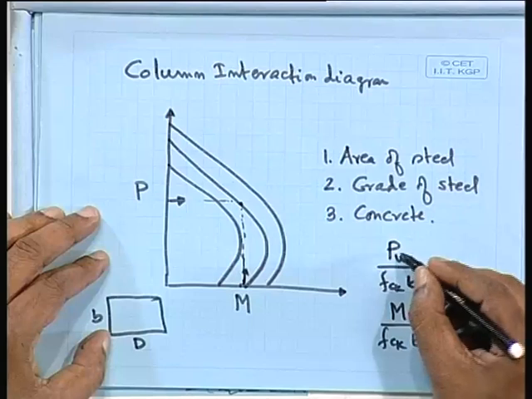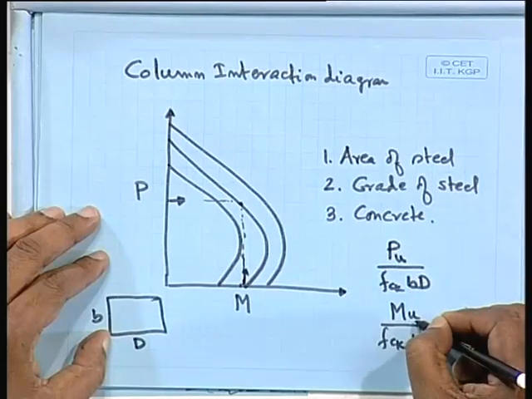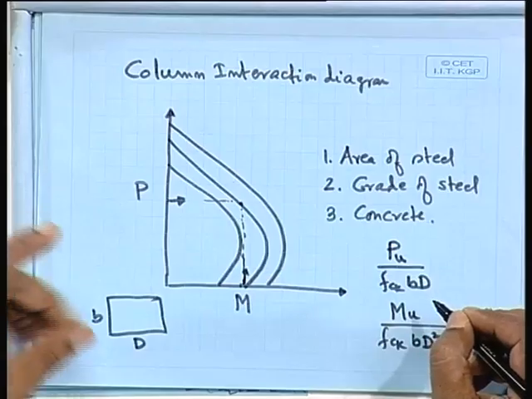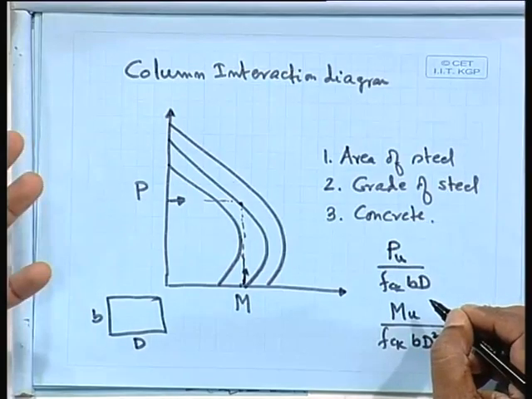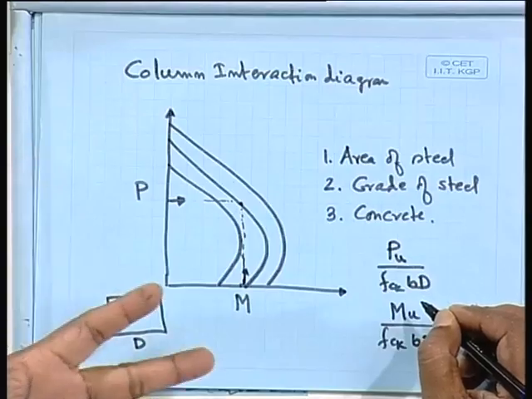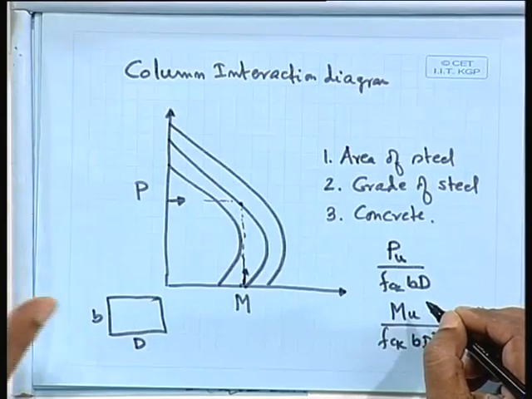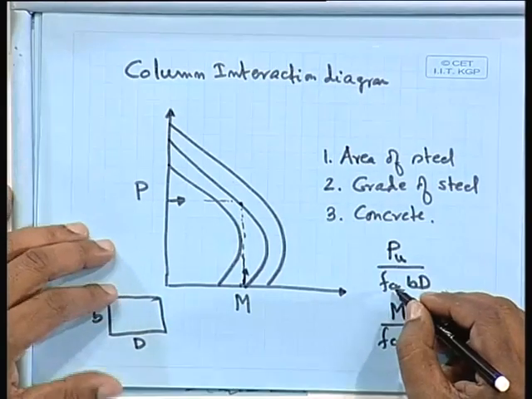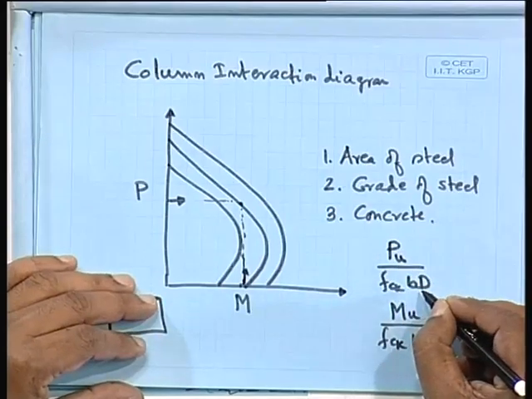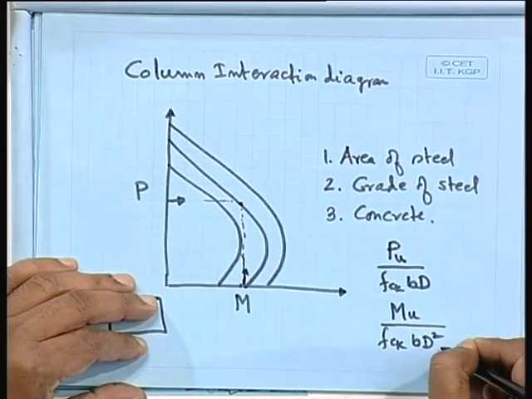Since I know PU and MU and I am choosing a section, that means okay, let us try trial section 300 by 300, 300 by 400, 250 by say 300, like that. Let us choose a section. If we choose, and I know which concrete grade has to be used, so I can find out PU by FCK BD and MU by FCK BD square.